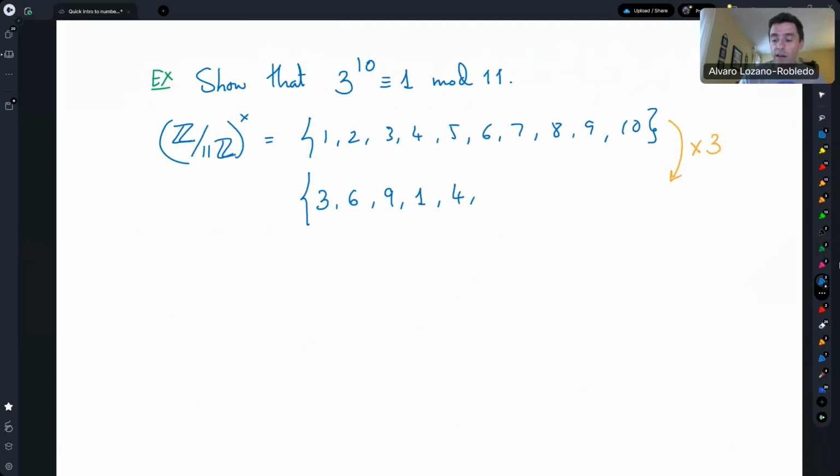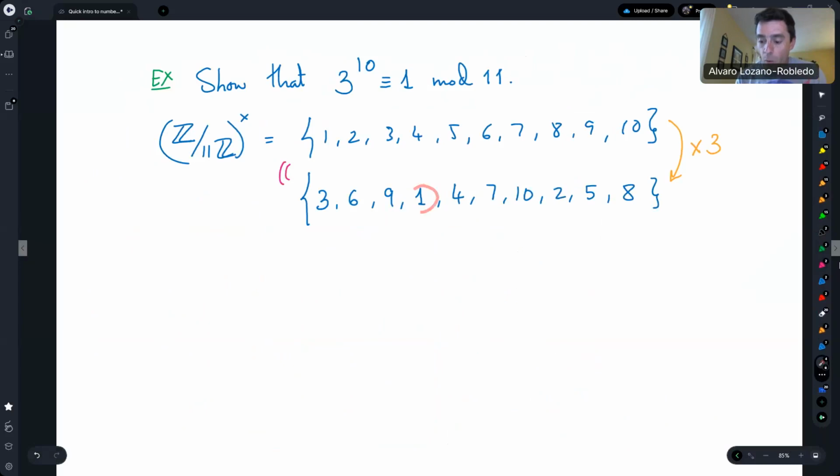Let me just copy it down so I don't make mistakes: 7, 10, 2, 5, and 8. And what you should notice is that actually I got everything back. You see, I have 1, 2, 3, 4, 5, 6, 7, 8, 9, and 10. And I got all of them in some more or less random order, but I got all of them back.